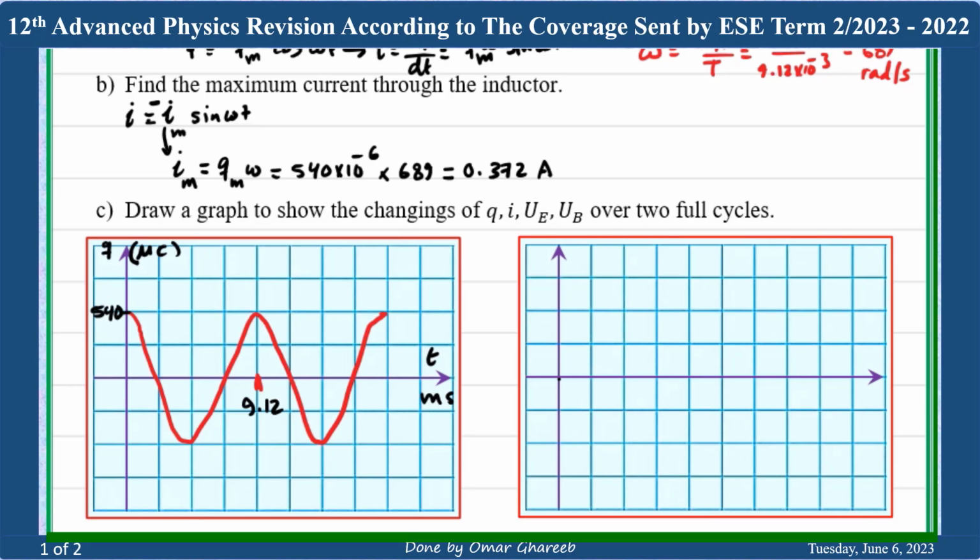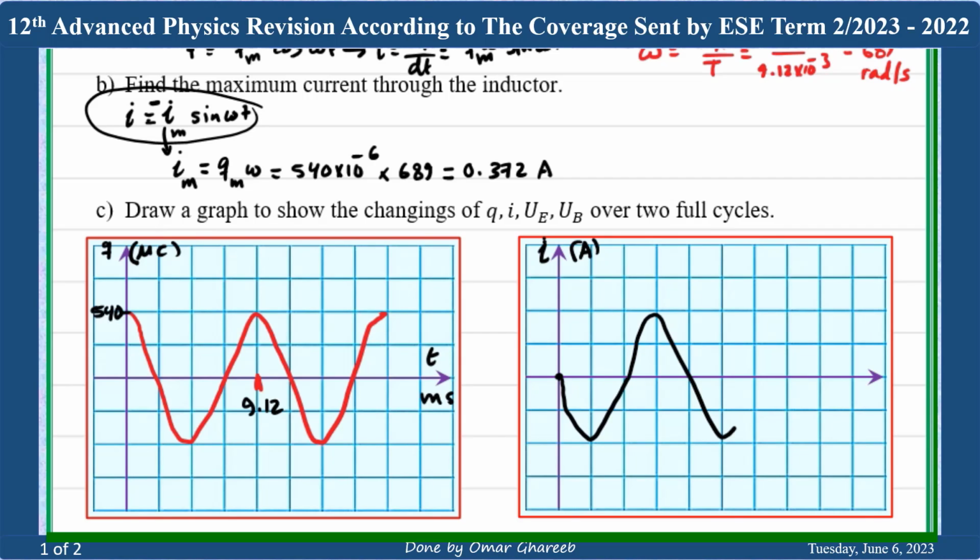What about the function of the current I? I is measured in amperes. We note here it is a minus sine function. So starting from 0, because it is sine 0, and go to the minus. This is the current.